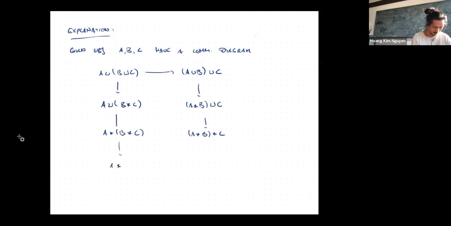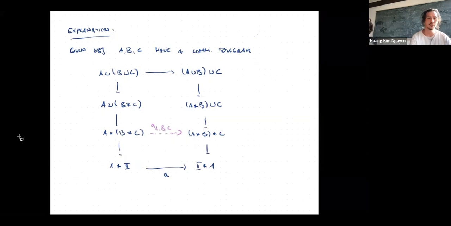And this maps down here. And so in particular, by the universal property of joins, we get such a map. And this induced map is itself an isomorphism.